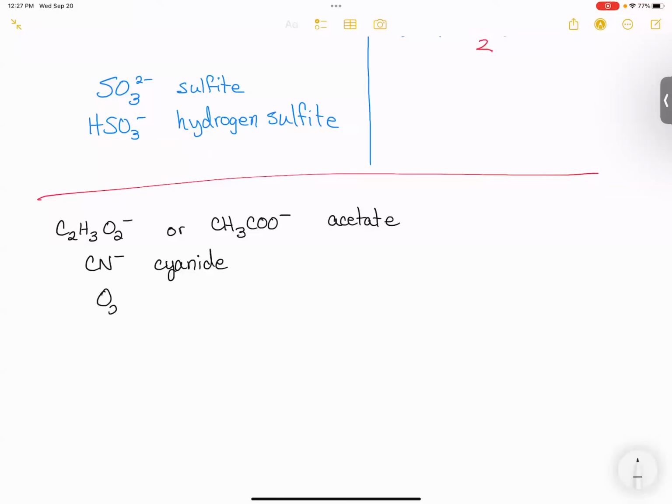When you go to the grocery store or to Walmart or Walgreens or CVS and you pick up that brown bottle of peroxide, this is the polyatomic ion that's in it.